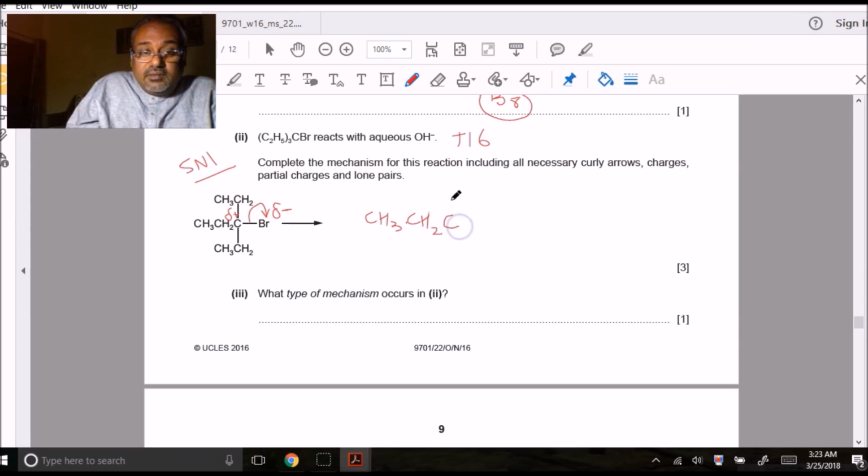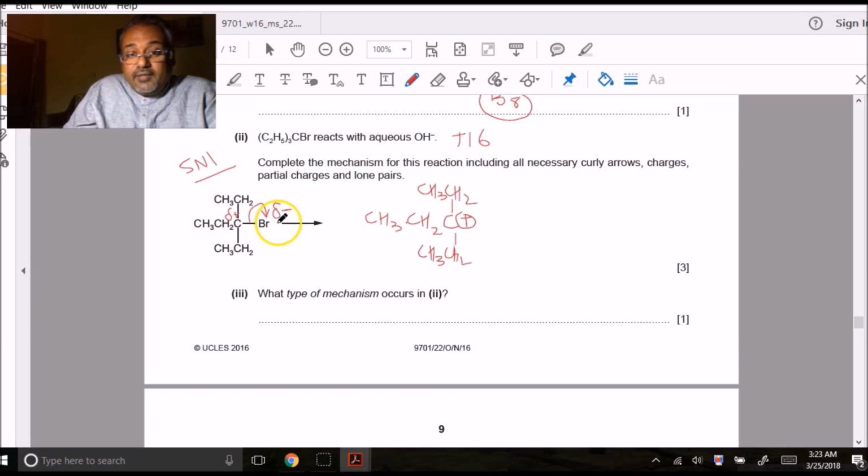Then there's a carbon, and there is a CH3CH2 here, and there is a CH3CH2 here, and this carbon now has a plus charge, because the pair of electrons has shifted to bromine. That fission is called a heterolytic fission.